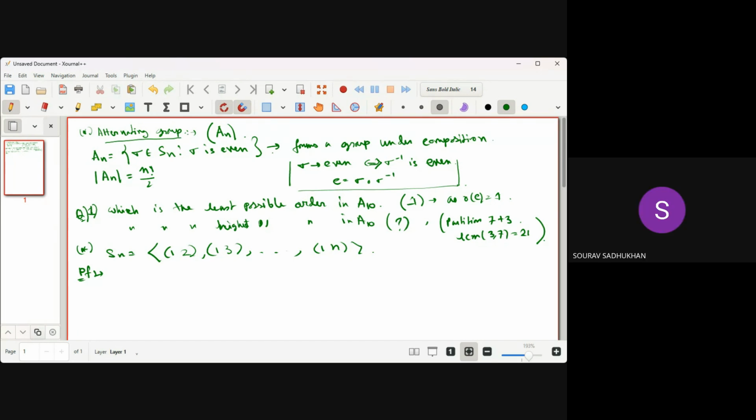Sir, I think if I try to write any transposition (i j) for i less than j, then it can be written as the product of (1 i), (1 j), and (1 i). Very good. If i, j is not equal to 1; otherwise, if one of i and j equals 1, then it is in that set already.